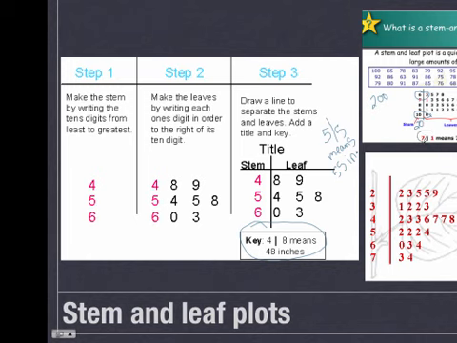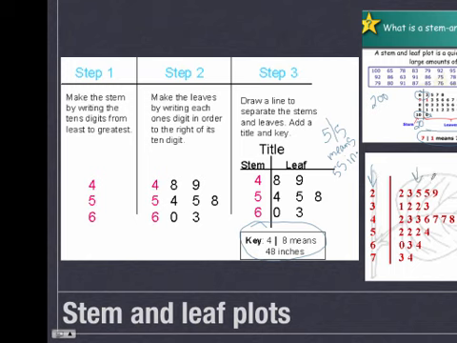But again, here's my key. Very important to put the key there. 71 means 71, and I would say probably a score of 71. Right here, this stem and leaf plot again shows us this is the stem right here. Those are the tens digits, and here's my leaves.